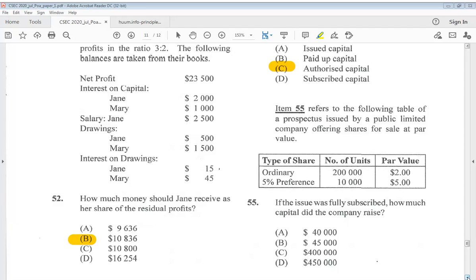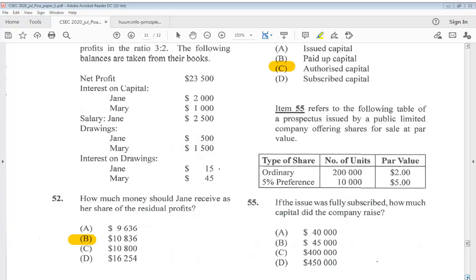So what we first do, let me go back over that again. First we have to multiply our par value by the number of units. So $2 multiplied by 200,000 gives us $400,000, and we find 5% of $400,000, that gives us $20,000.